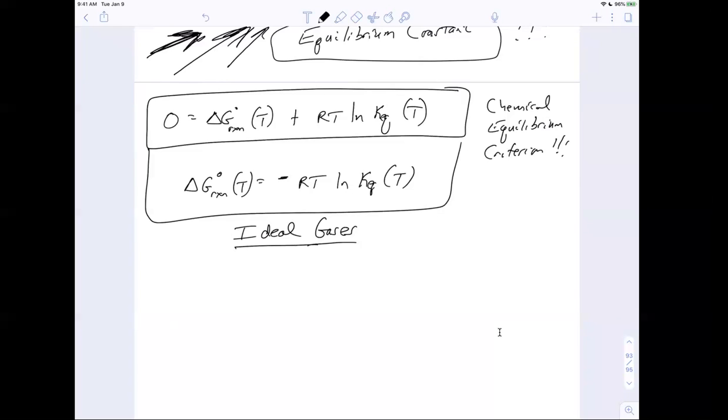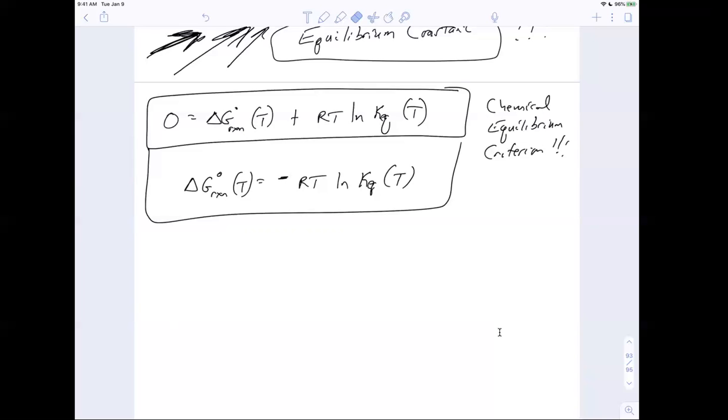Again, it's just a symbol that represents something very deep, but it's just a symbol. But what's important conceptually is that they're related by this equal sign, and that is general. So these two expressions that I've written here are very general. It's only when you start putting in things for delta G naught and K equilibrium that things become specific and you have to be careful.